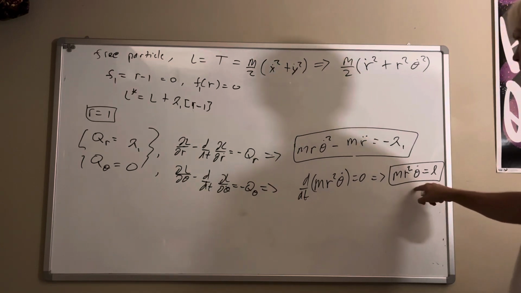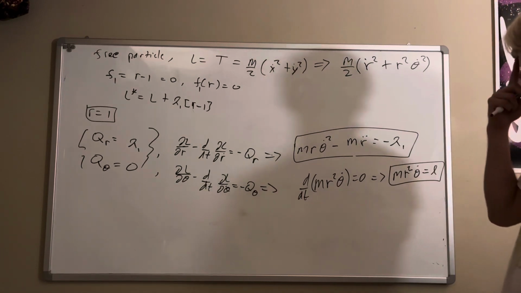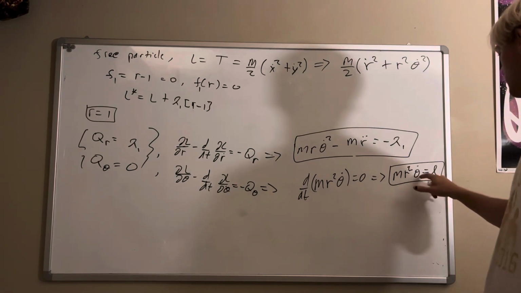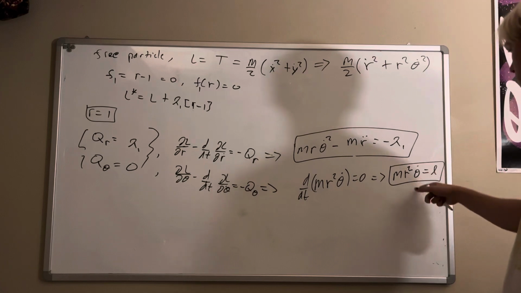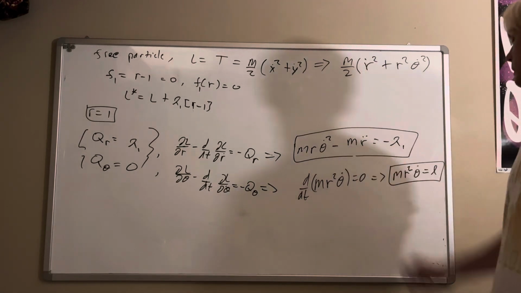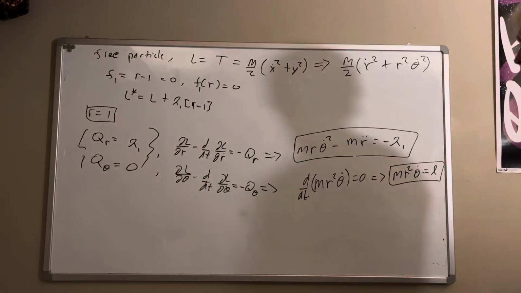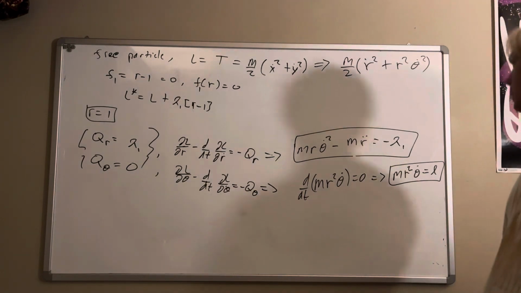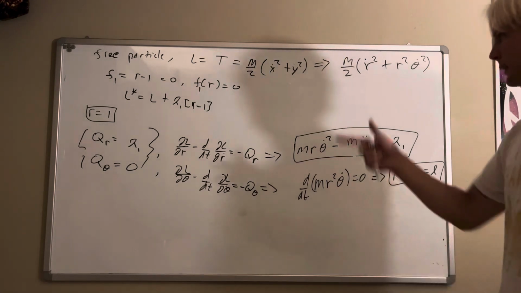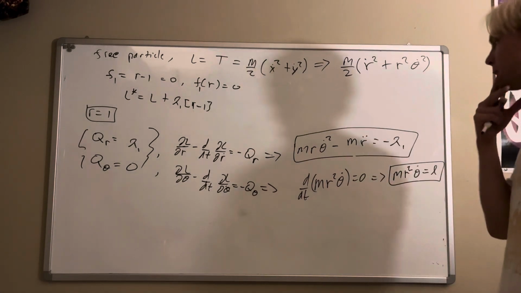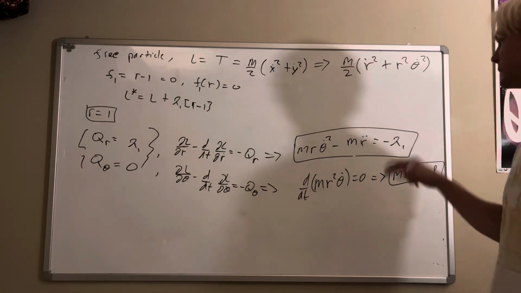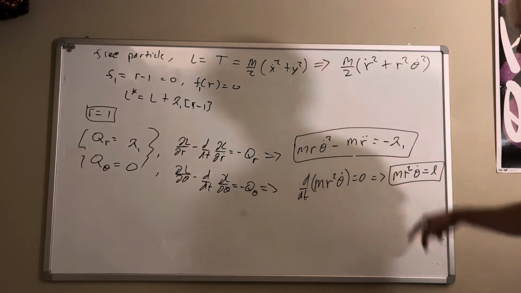I could plug in theta dot here, and then solve for R. When you do that, that's as far as you can go, and then I think you're going to have to use R equals 1. And if that's the case, I believe we can just plug it in right away.